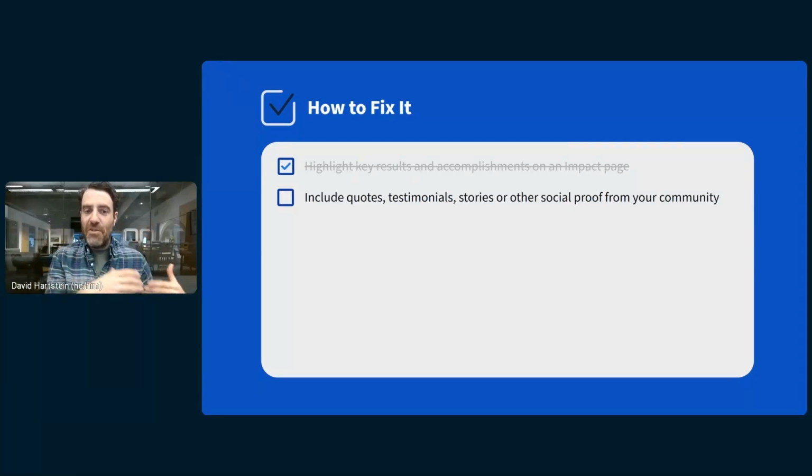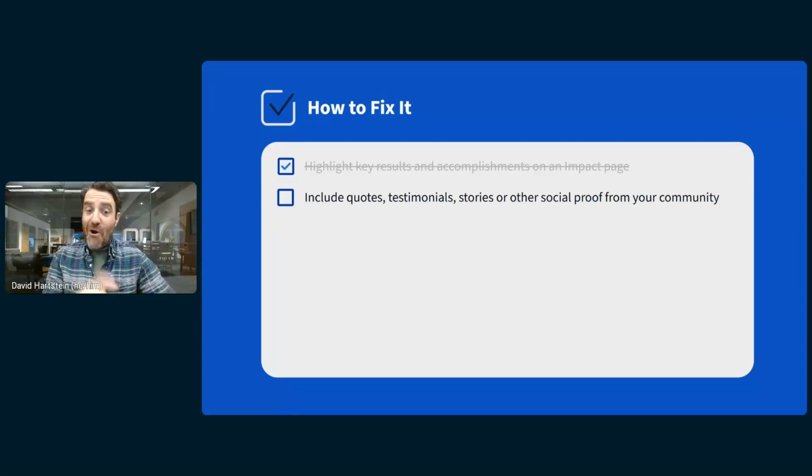Hearing from other visitors who have already taken an action and felt positively about it can be a really great way to put visitors at ease and make them feel more comfortable and confident in thinking through next steps. So it basically makes supporting you feel a little bit less risky since other people have already done it and lived to tell the tale, right? They feel positively after having taken that action or engaged with your organization in that way.